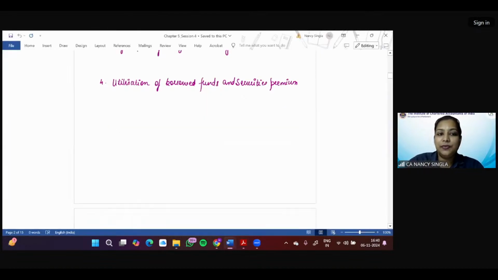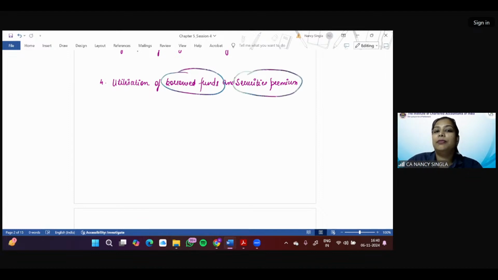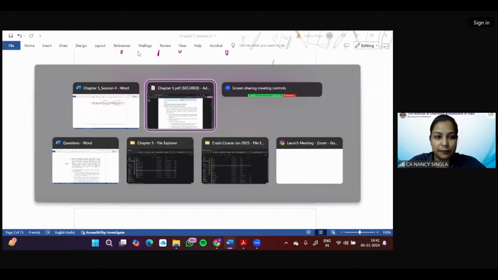Because this is with respect to utilization of borrowed funds, which is long-term borrowings. The topic securities premium is related to shares only. That is why this topic is covered under both the heads, right? So utilization of borrowed funds and securities premium.